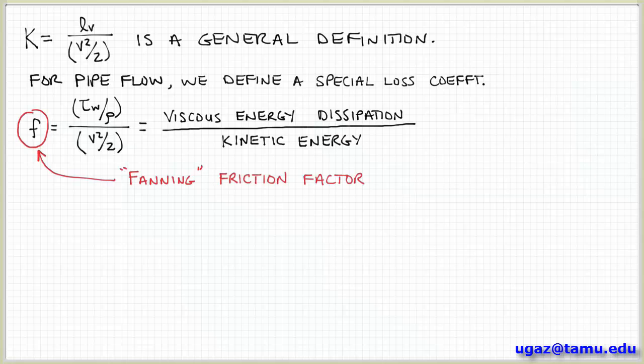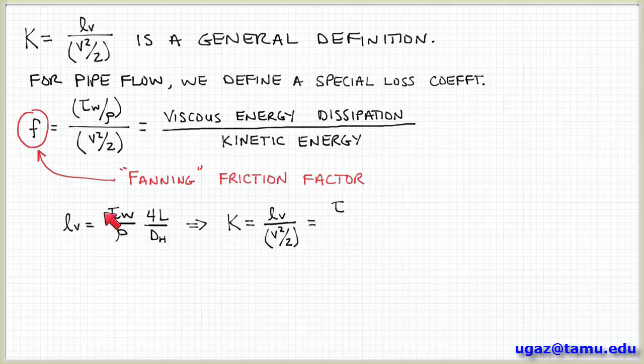So we can see the relationship between these friction factors if we look again at the definition for this viscous loss term that we obtained on the last slide. So remember, it's the wall shear stress, tau wall over rho, times this geometric term, 4L over the hydraulic diameter. And so our general definition for the loss coefficient is LV over 1/2 v squared.